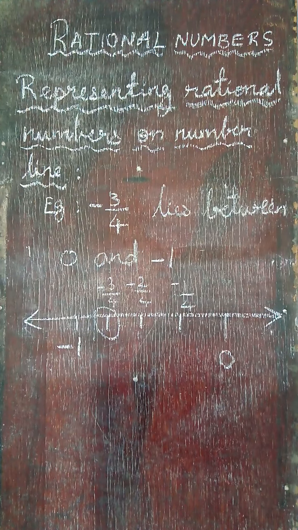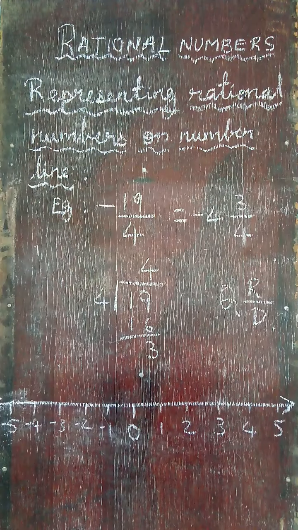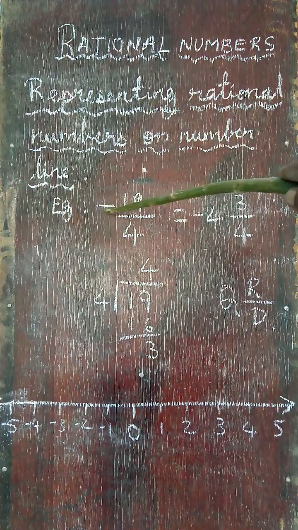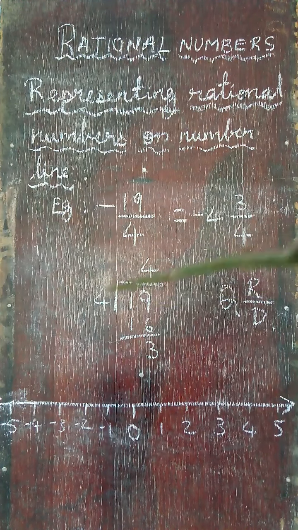We will see some other example. Represent minus 19 by 4 on the number line. Let me first write the sign as minus, then divide. The numerator is the dividend and the denominator is the divisor.